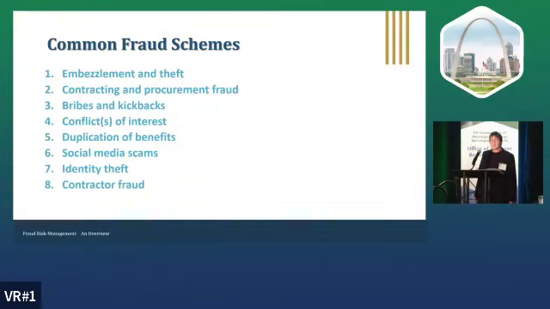Social media scams, though, that's typically something outside your organization, but I would say that when you get your disaster programs up off the ground, include on your web pages, we are the only one that you should be coming to get assistance if you want HUD assistance, and you don't need to pay somebody to get HUD assistance because trust me, when a disaster hits, there are people out there trying to make a buck. Identity theft is another part of social media or social scams.